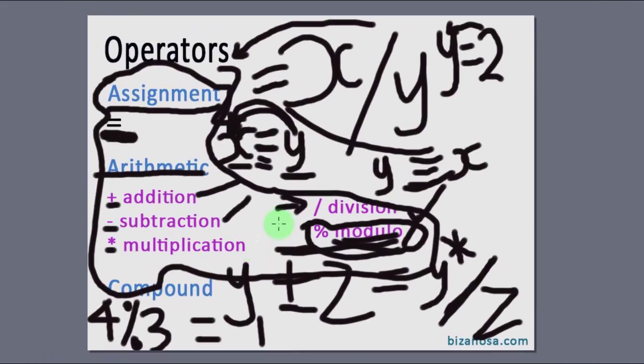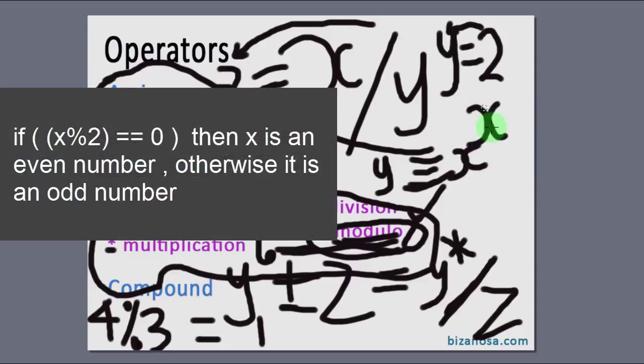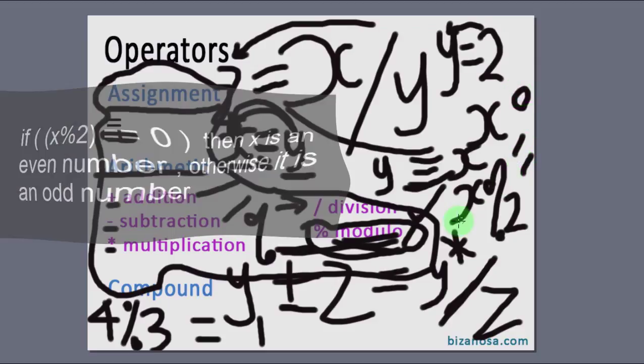So in this video, we have done a demonstration of the modulo, which always returns the remainder. An example where you can use a modulo is, let's say you want to find out if a number is even or odd. Let's say x is your number. If x modulo 2, that means x divided by 2, the remainder is equal to 0, then this number is even.